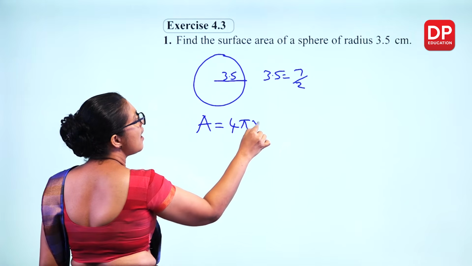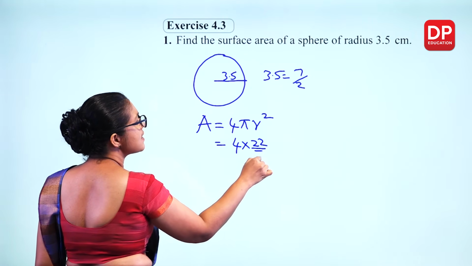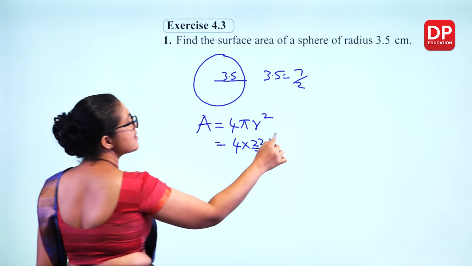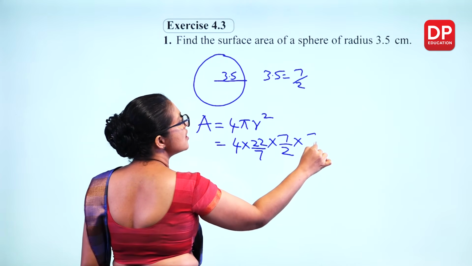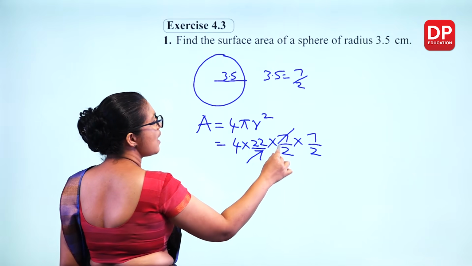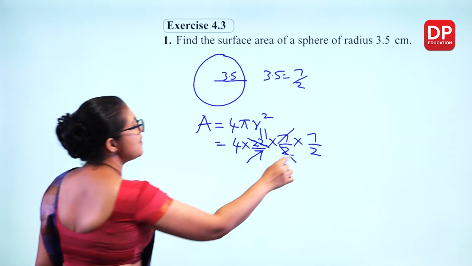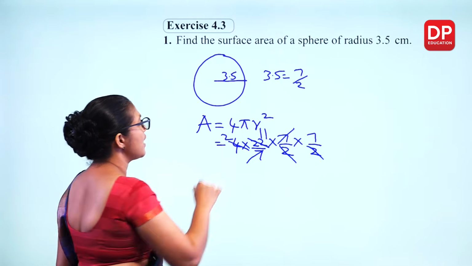4 pi r squared. So 4 times pi is 22 over 7 times radius. Radius is 7 over 2. Now simplify. 7 gets cancelled out. This 2 with this 22, 11. And this 2 with this 4, you get 2.